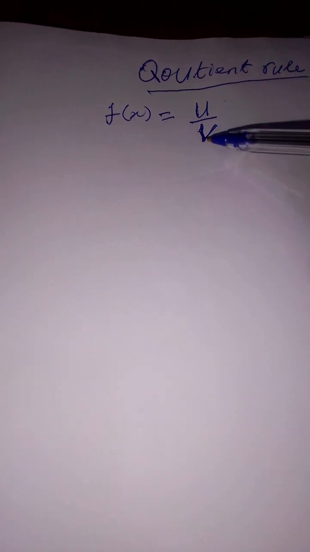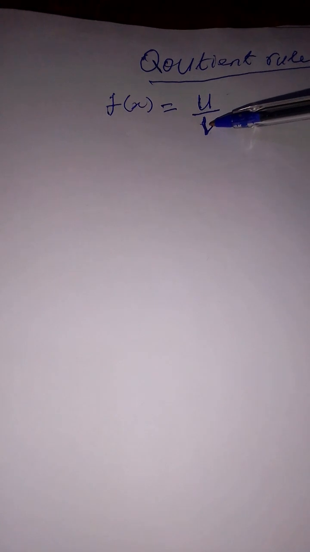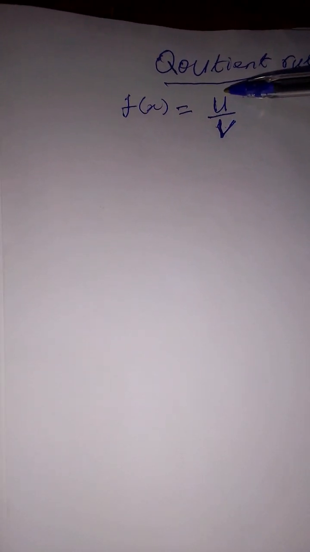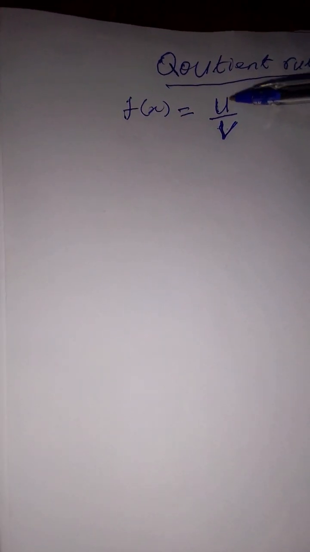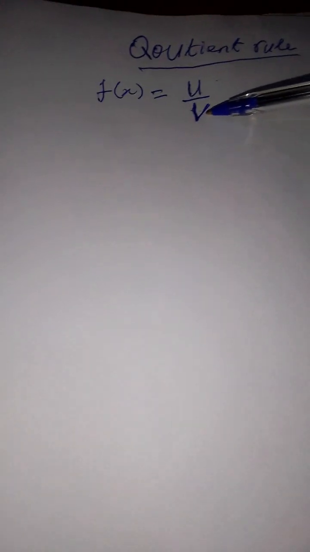Then you divide your result by the square of the denominator. So let's go through this.